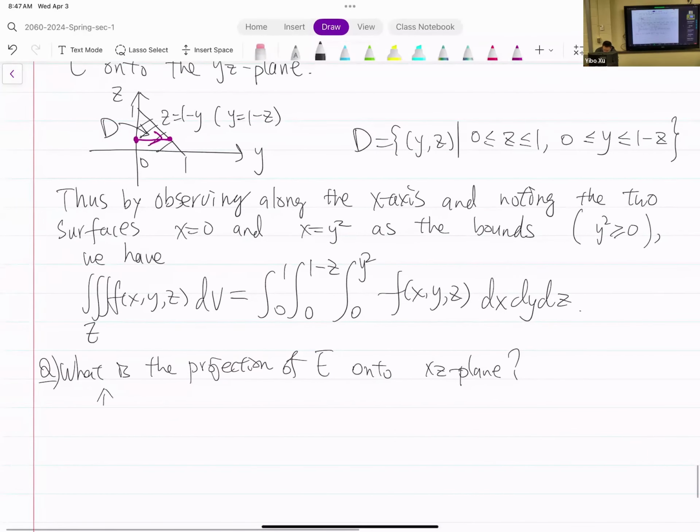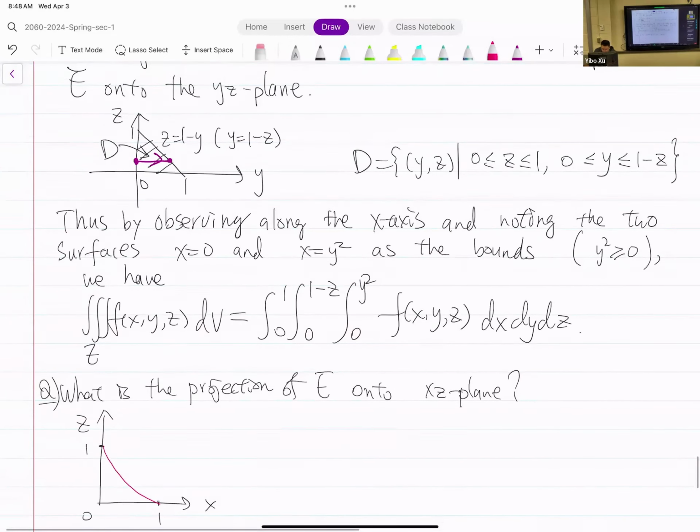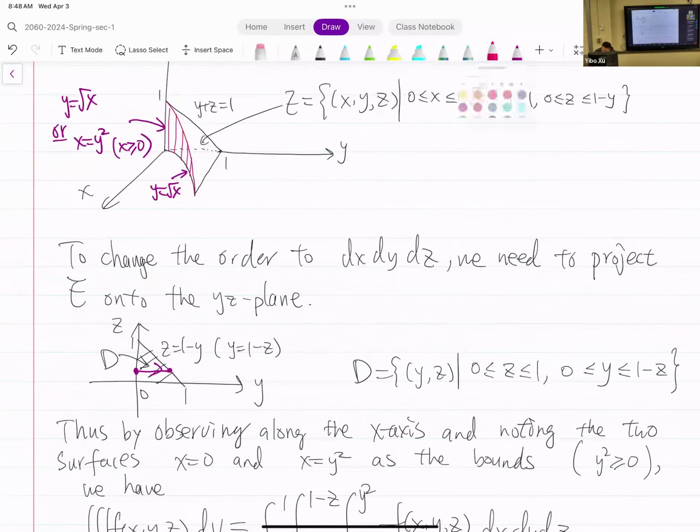Like I mentioned, the line segment along the x-axis between 0 and 1, and the line segment between 0 and 1 along the z-axis, are going to be included within the projection. And then there's a certain boundary on the top. This is something that you get when you project this curve onto the XZ plane, right?